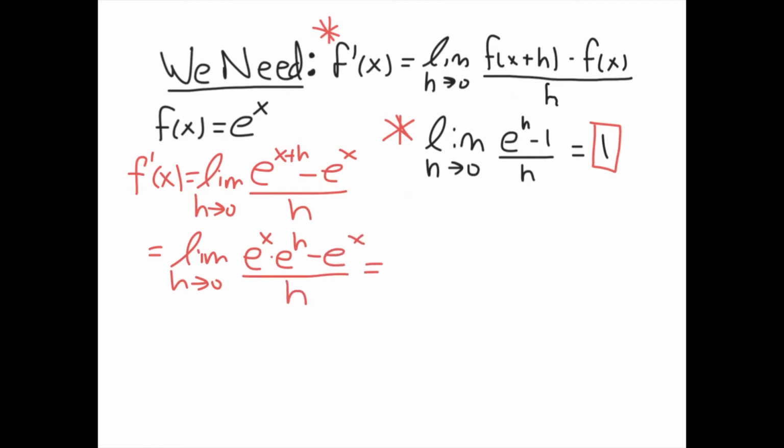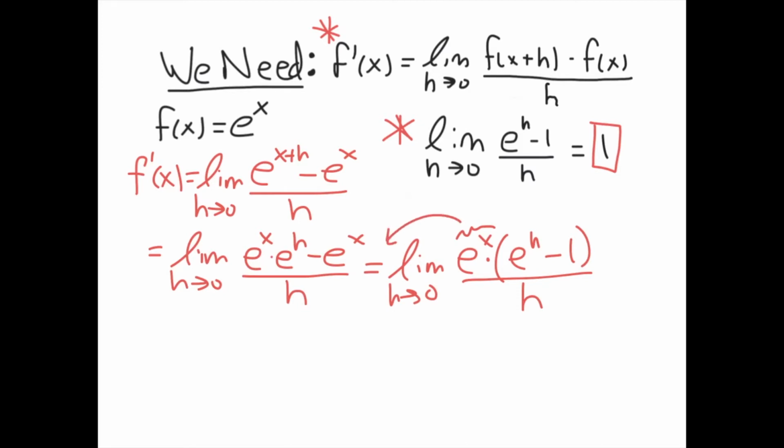And hopefully you can see how both of the terms on the top of this fraction have an e to the x. So now I'm just going to factor out the e to the x, and I'll have e to the h minus 1 left over on the top, like this. And since this e to the x is multiplied and there are no h's involved in that whole e to the x, I can bring that outside of the limit, and I have e to the x times the limit as h approaches 0 of e to the h minus 1 over h.